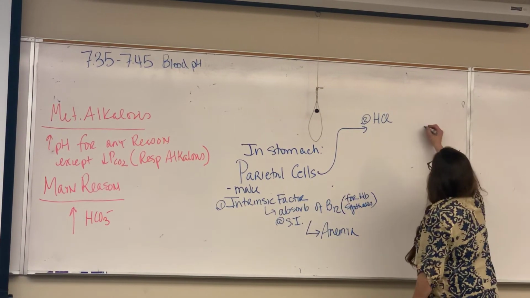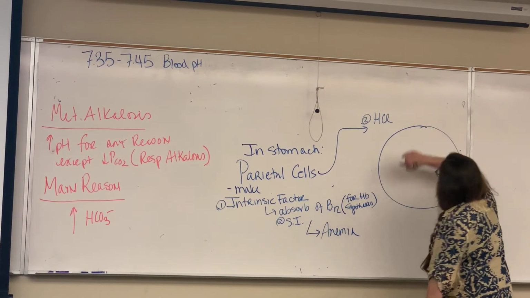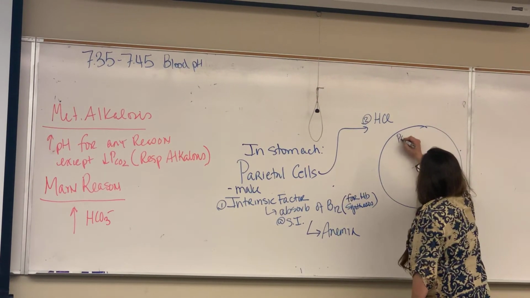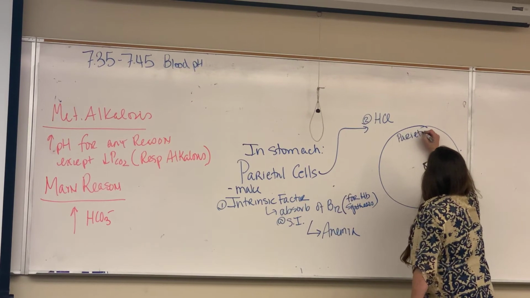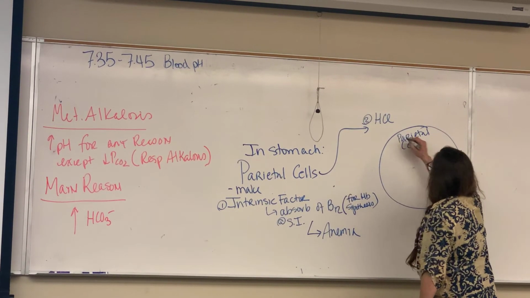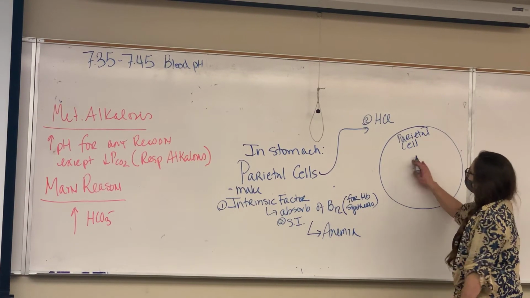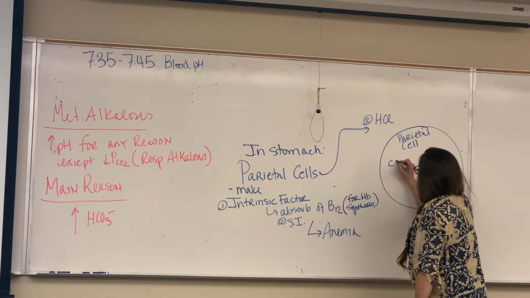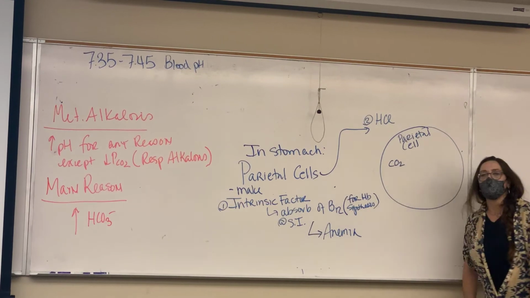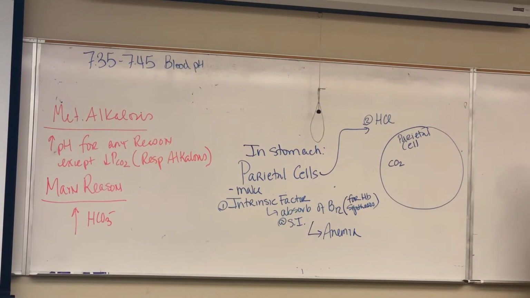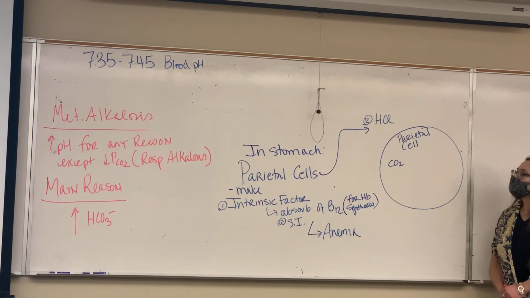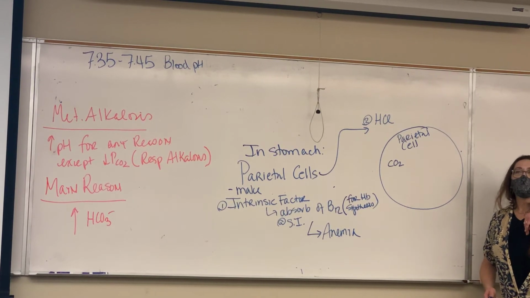If we look at a parietal cell, okay, here's our parietal cell, and we say, how does this parietal cell make hydrochloric acid? This is how it does it. In this parietal cell, it's going to take CO2. Where did that CO2 come from, first of all? From that cell.